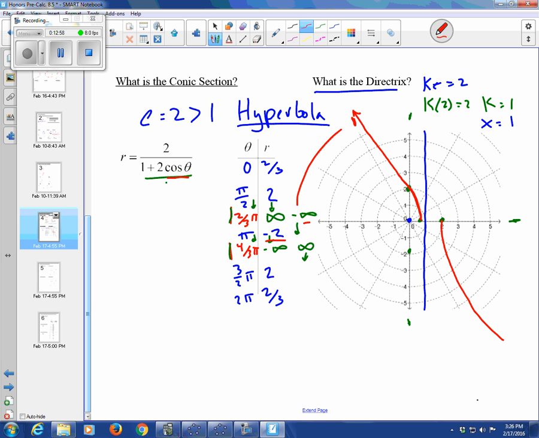Then we get numbers in the denominator that are negative and getting smaller and smaller again as we approach the rotation of 4/3 pi. So right here for 4/3 pi, we head out to that negative infinity r value. And then after that, we've got positive r values again, coming from 4/3 pi, where we follow that out infinitely.